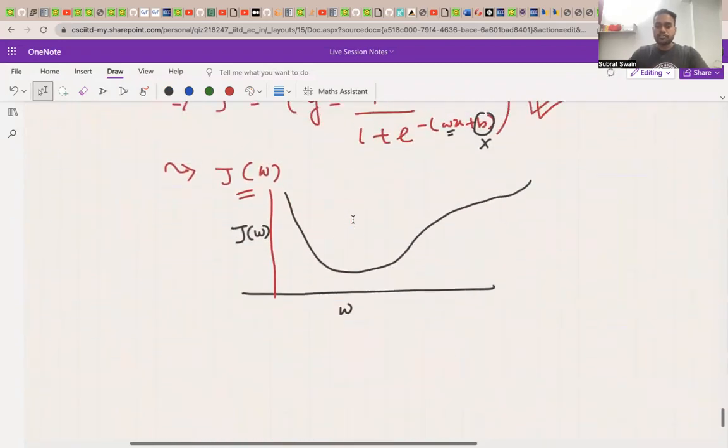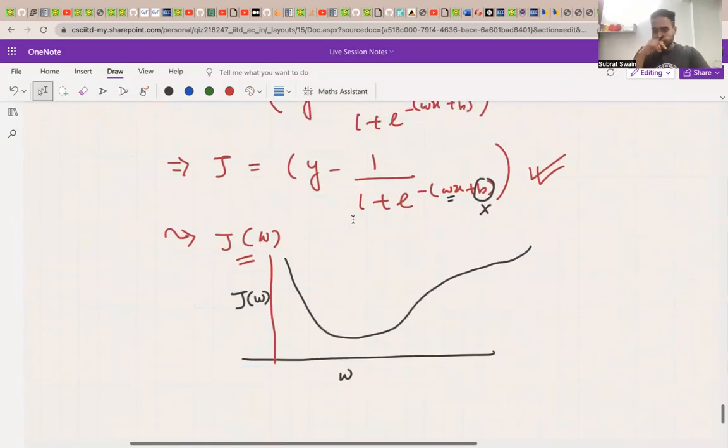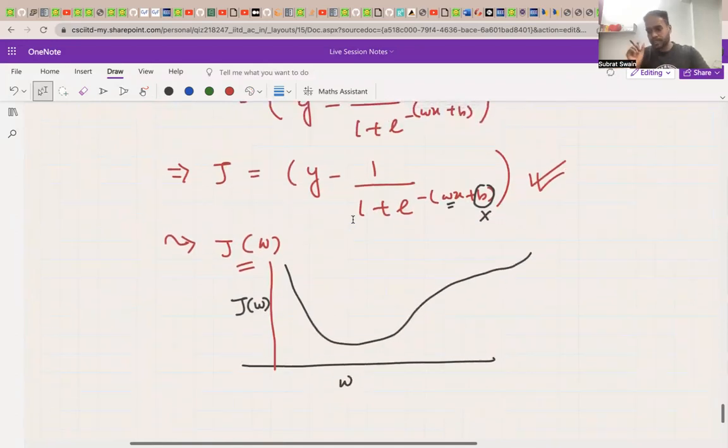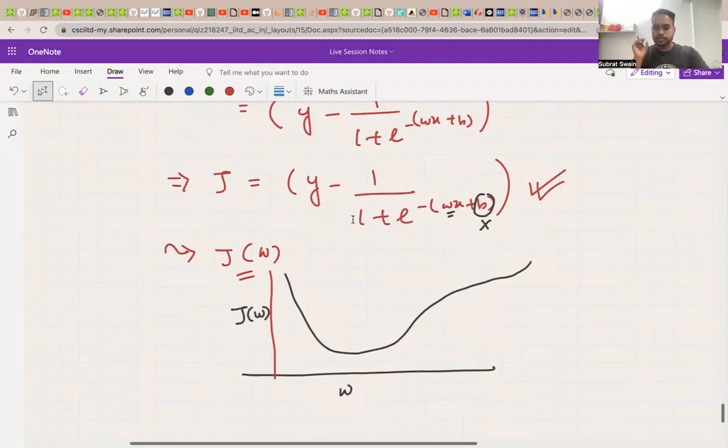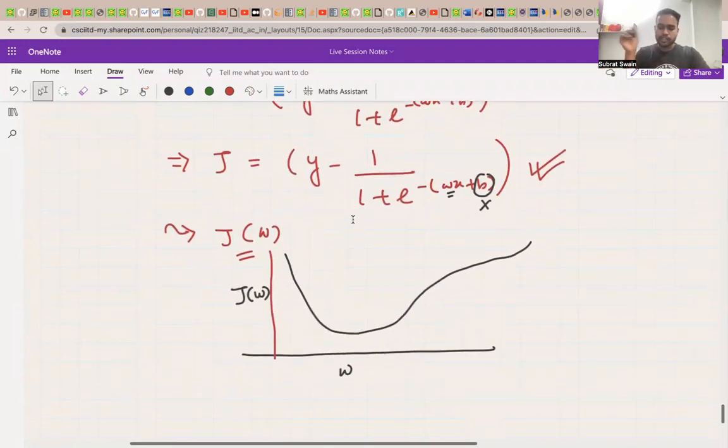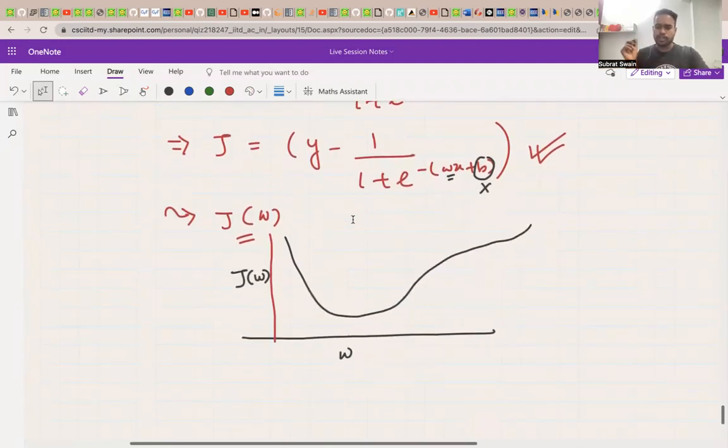Or I can say find a w and b which will give me minimum error when an image is passed. So note this formulation down in your notebook so that you won't be confused about the goal we are trying to track.